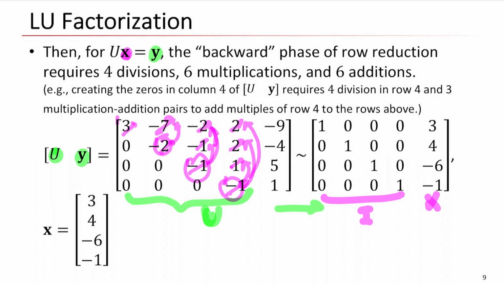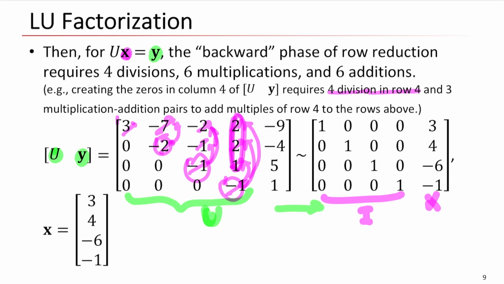But in this case, let's just think about the number of operations, the number of flops. Okay, so for example, when creating the zeros in column 4 here, it requires the 4 division in row 4.